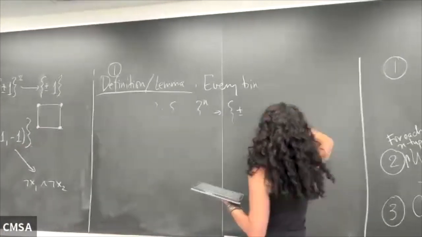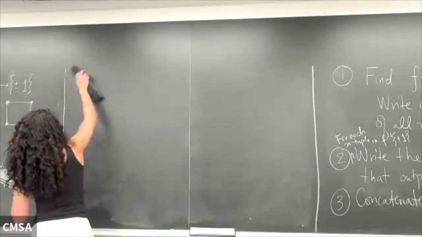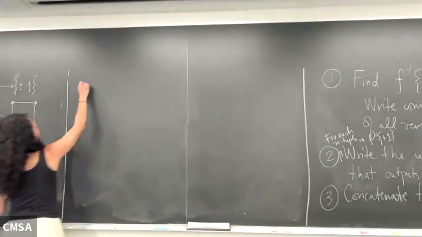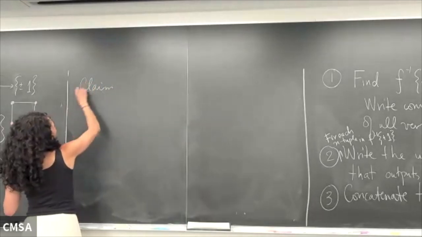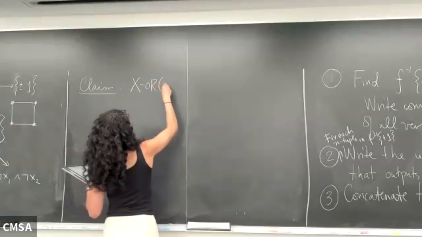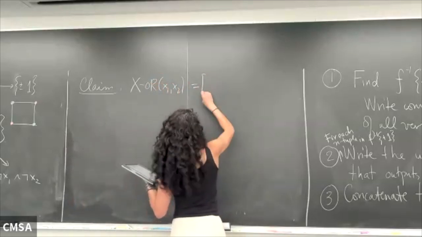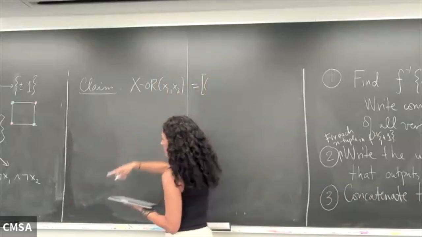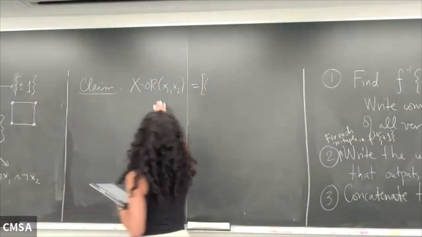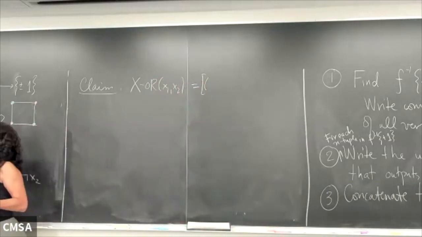And this disjunctive normal form, the claim is that XOR of x1, x2 is just the OR of these two. So your output is +1 if you're either this or this.